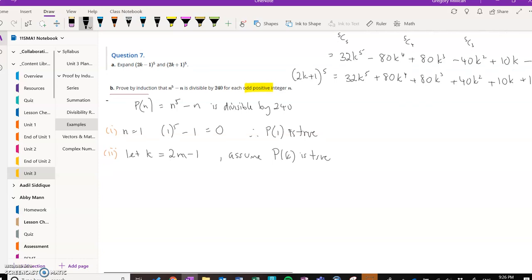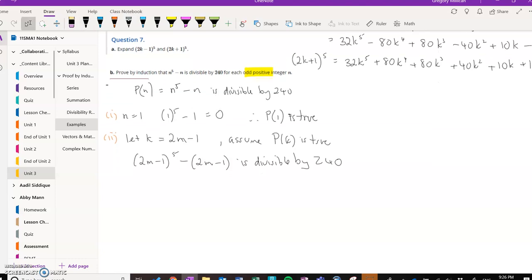So what would that look like? It's going to be (2m minus 1) to the power of 5 minus (2m minus 1), and we're going to assume that this is divisible by 240.